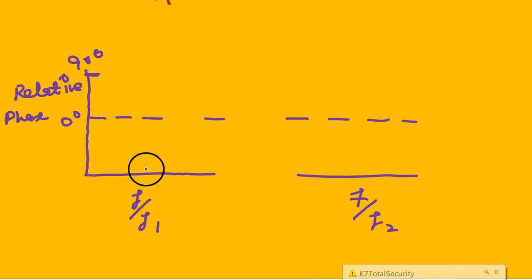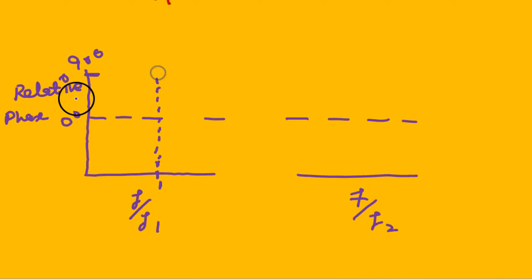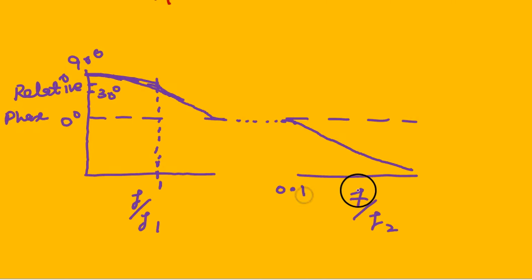So here, relative phase continuously comes down and becomes 0 also, and then again down, negative. It varies from positive level to 0, 0 to then negative level.